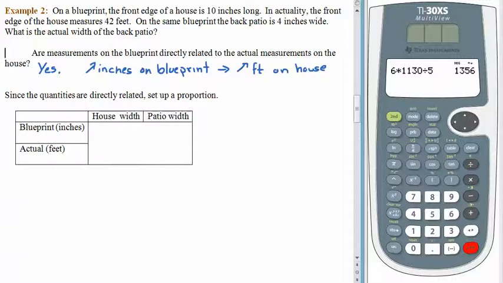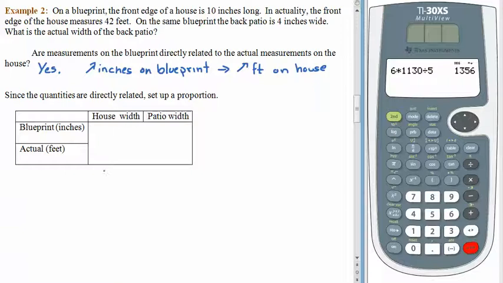And the other direction, right? If a dimension on the blueprint was smaller, then the dimension on the house should be smaller in exactly the same sort of multiplying or dividing sort of way. Okay, so the quantities are directly related, and our job then is to set up a proportion.